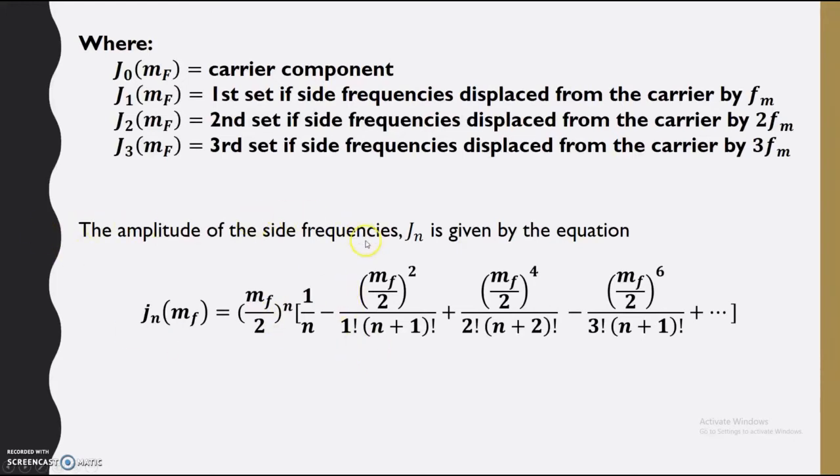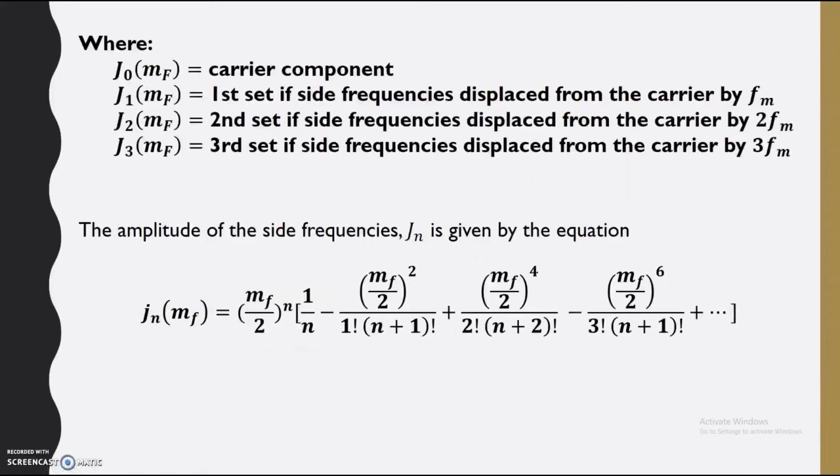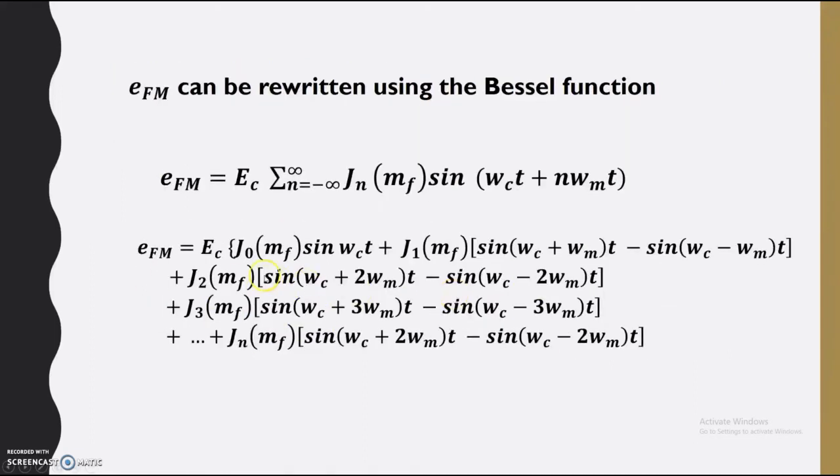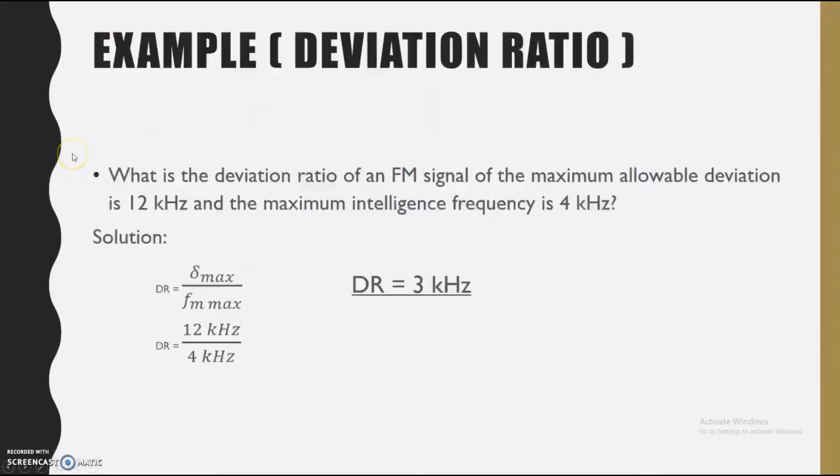The amplitude of the side frequencies J sub n is given by the equation. So in computing the FM, we must first find J sub n, plugging in the formula, this one, in this part, so we can find the FM in each J.